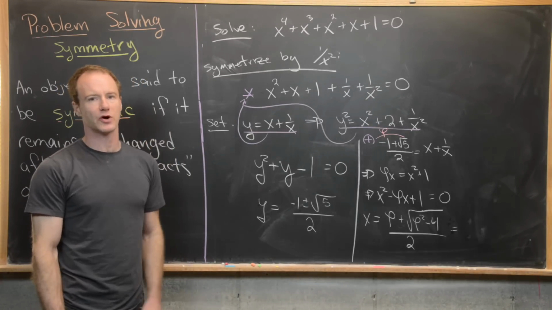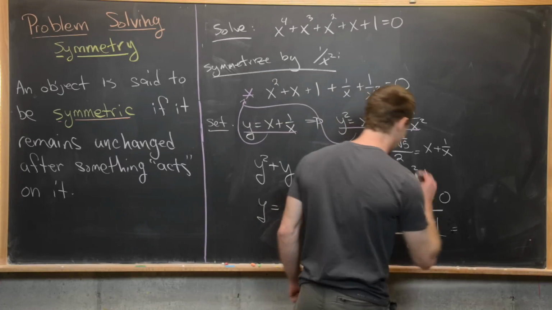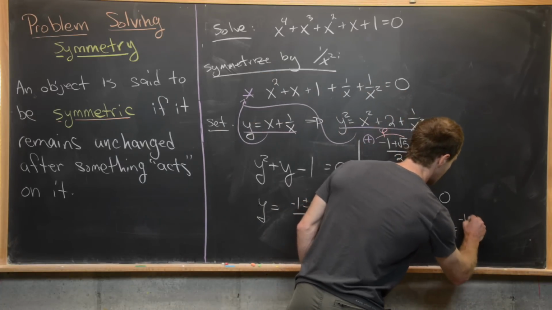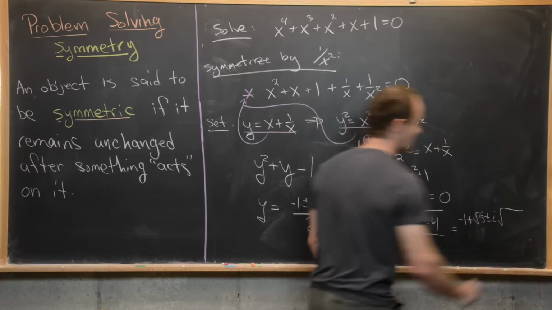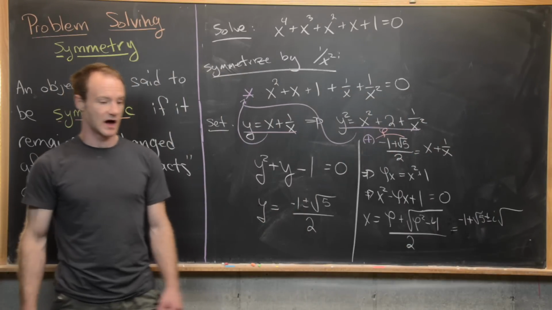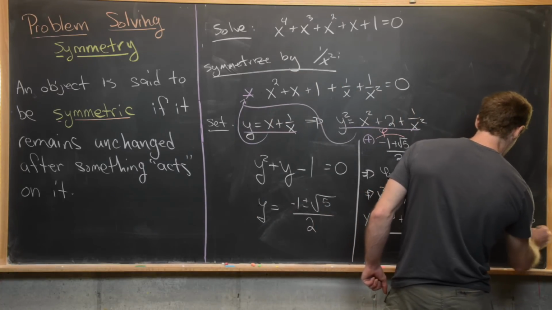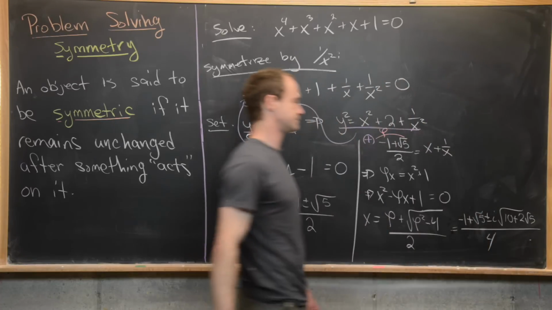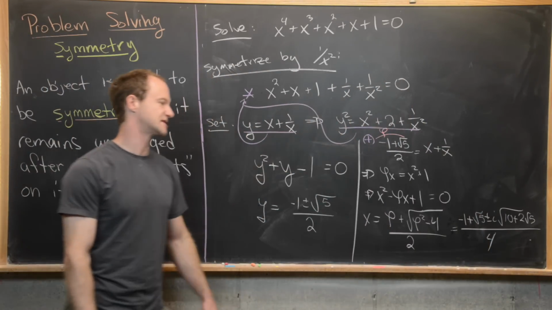It's really more of a bookkeeping exercise and careful arithmetic, but I will say that you get the following. So we're going to have negative 1 plus the square root of 5 plus or minus i times the square root of 10 plus 2 times the square root of 5, all over 4. Great. So that's what you get for the solutions attached to this plus.